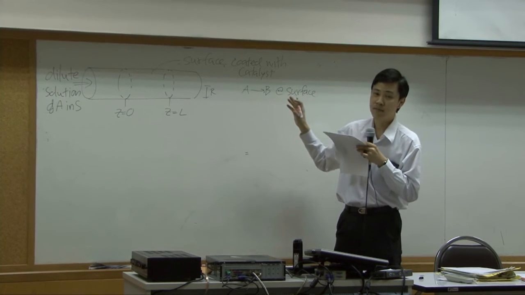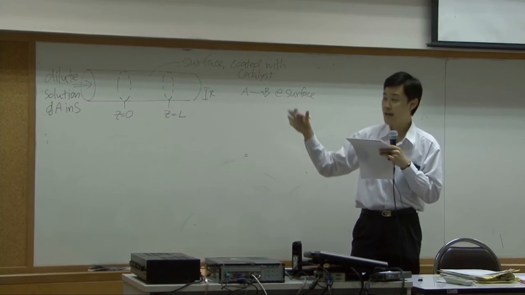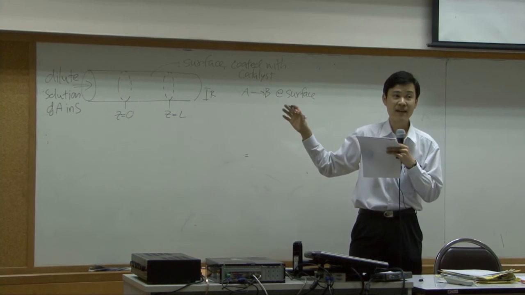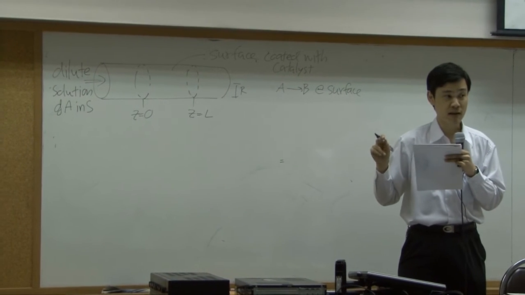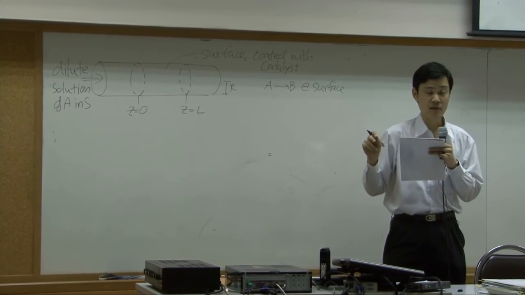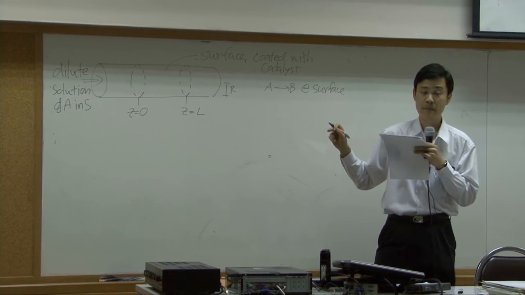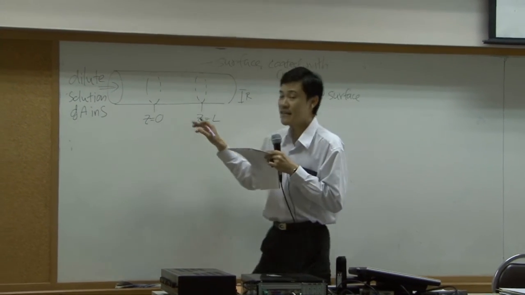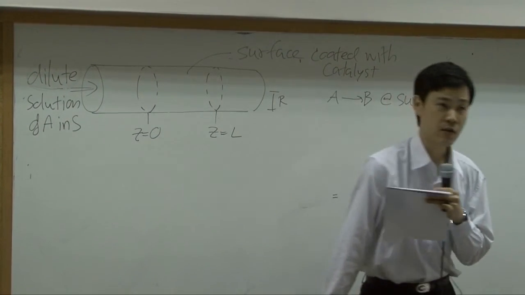Starting with momentum, you should normally assume that viscosity and density at this particular moment would be constant. And the word constant here means constant with respect to position. The viscosity does not change much with respect to position. Okay? And the key here is dilute. The solution is dilute.